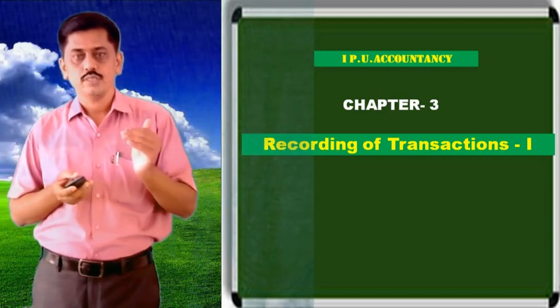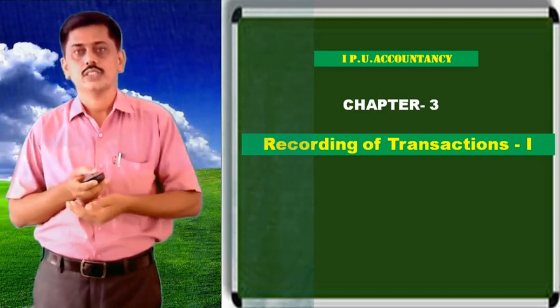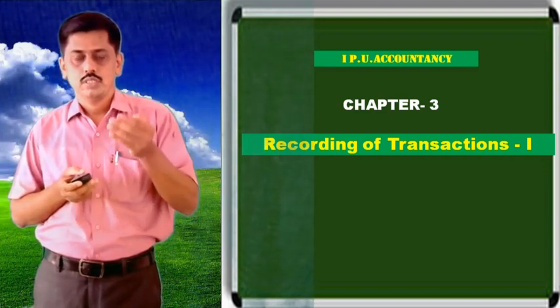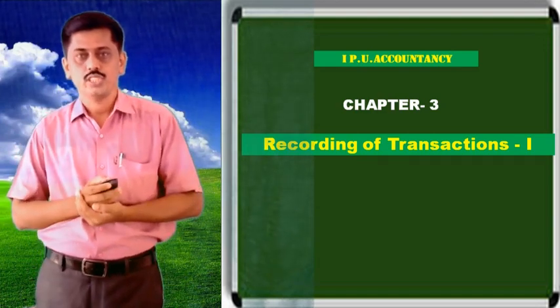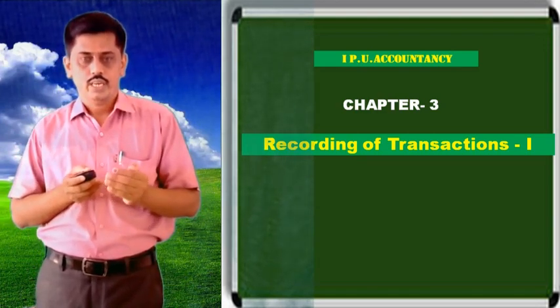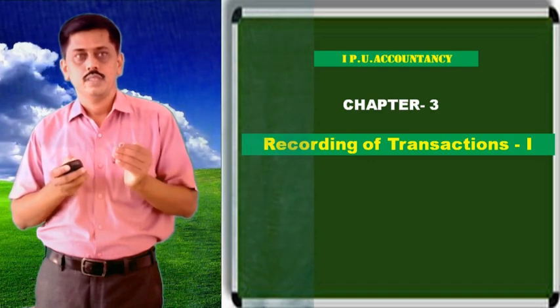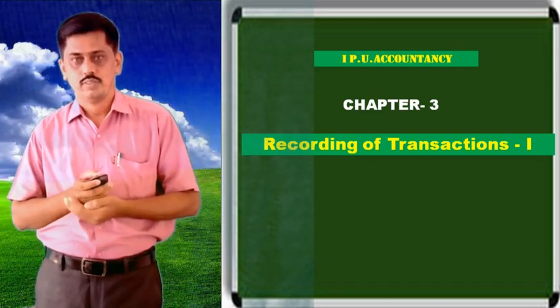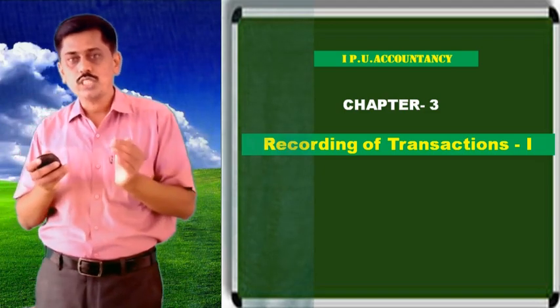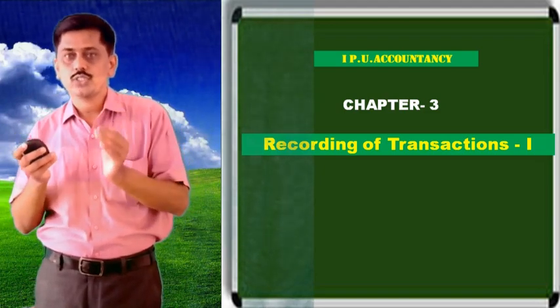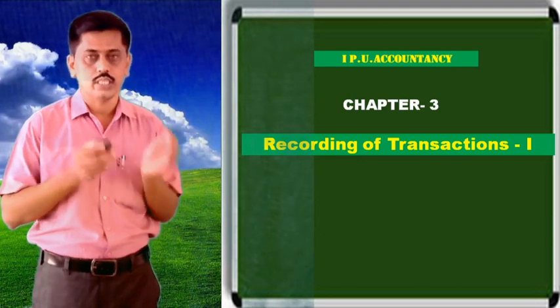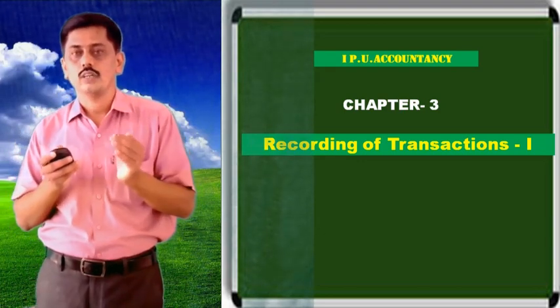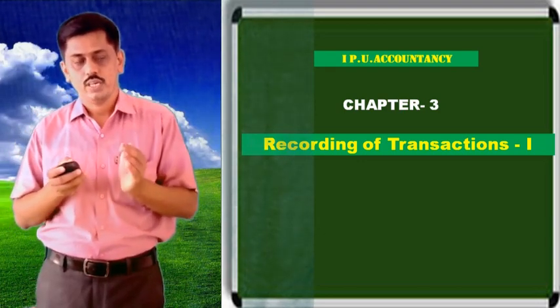In today's video, let me discuss the books of original entry. At the outset, let's know the meaning of books of account. The books in which the business transactions are recorded are called books of accounts.